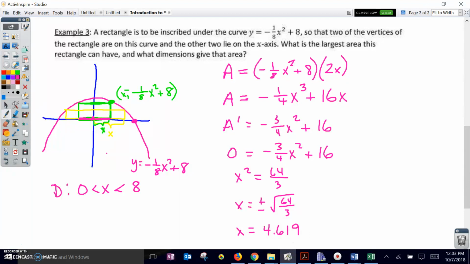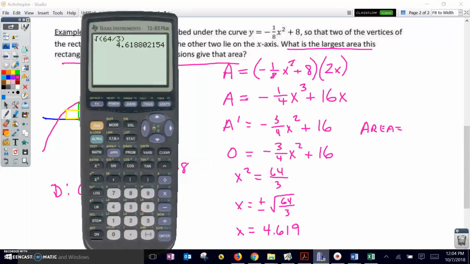Alright, so now I need the dimensions of this rectangle, and I need the largest area that the rectangle can have. So the area here is going to be, I'm going to store that value so I can use it.